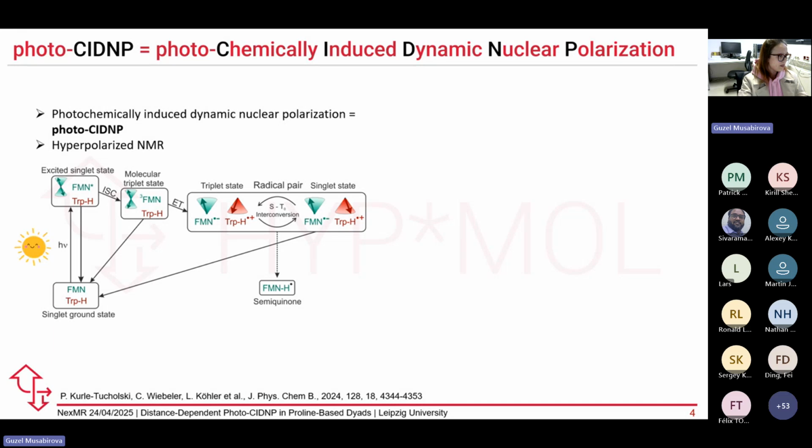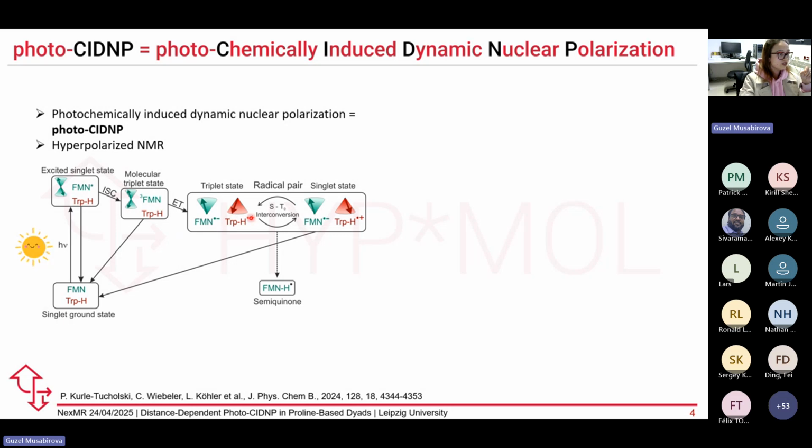Here we have flavin and tryptophan in the ground state, and after light illumination, flavin goes to the excited singlet state, and after intersystem crossing, the molecular triplet state of flavin is formed. Then we have electron transfer from tryptophan, and a spin-correlated radical pair is formed.